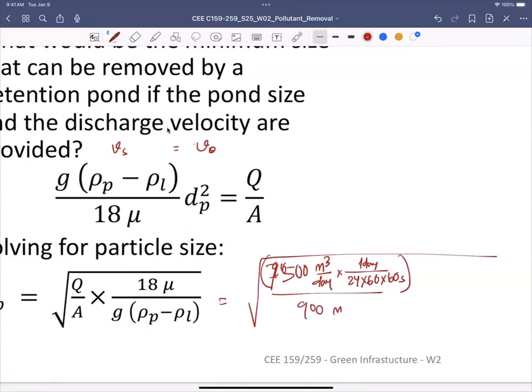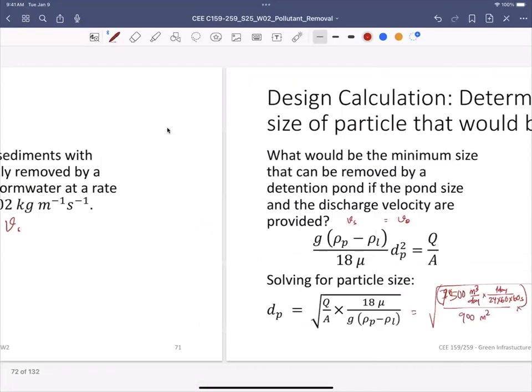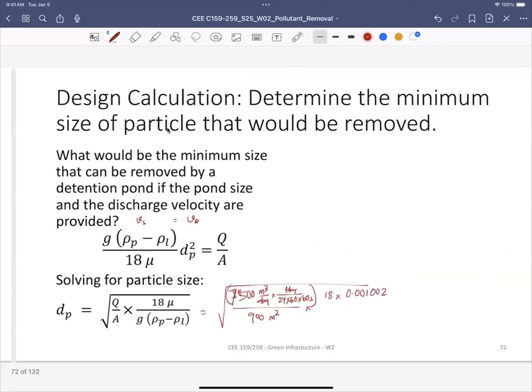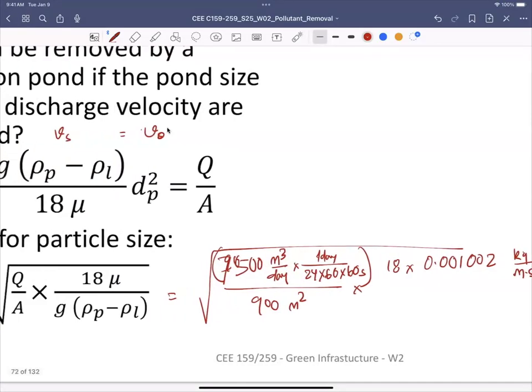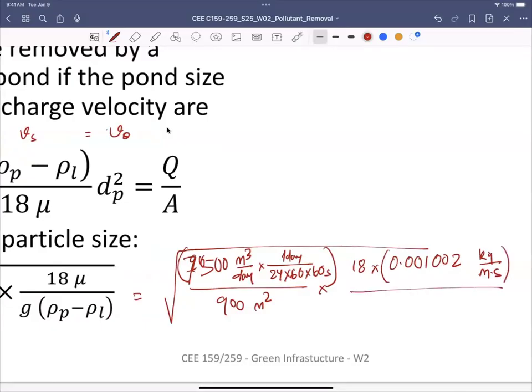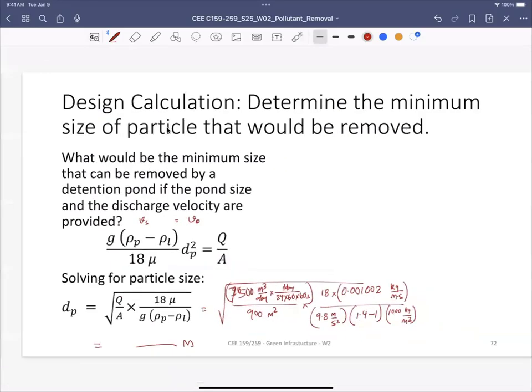Then 18 times mu, which is given as 0.001002 kilogram per meter per second, divided by the acceleration due to gravity, 9.8 meters per second squared, and then 1.4 minus 1, the difference in density, and the density of water is 1000 kilograms per cubic meter. When you solve for this, you get a size in meters, and that determines the smallest size particle that can be removed.